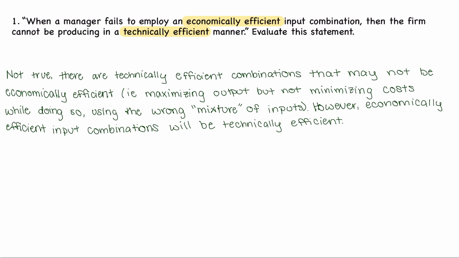So maybe you're producing the most that you can, but you're using the wrong mixture. You're using too much labor, you're using too much capital. However, economically efficient combinations will be technically efficient as well. If you are minimizing costs, you are also maximizing output with those costs.